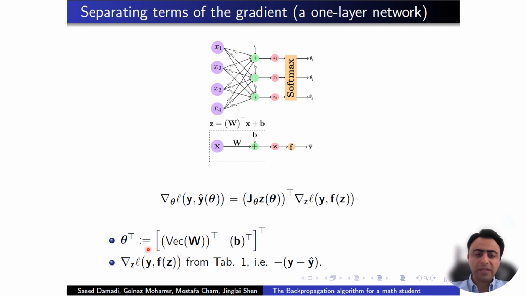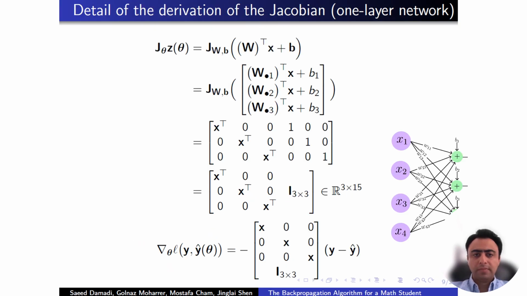Only notice that theta is going to be the vectorized version of W, which is putting the columns of the W matrix so that the first column would be on the top, and this is only vector b, so we can have the parameter vector of the neural network, and then we can find the gradient.